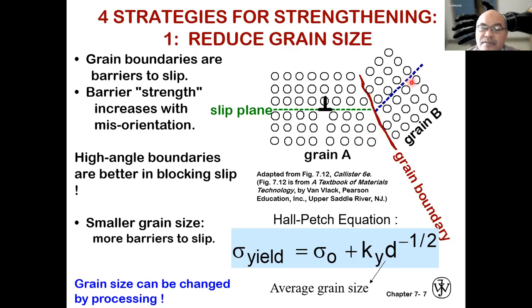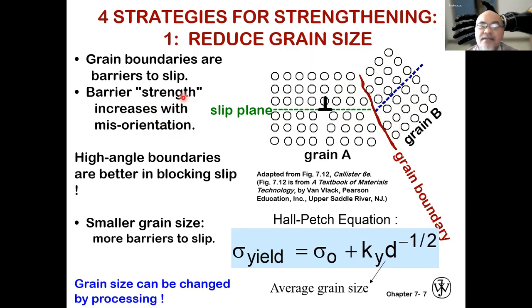But since there are multiple grains, when it meets this grain boundary, that slip will be stopped. It cannot move further because the next grain has a different crystal orientation. It is not that easy for this slip to be transferred to another grain due to the existence of this grain boundary.